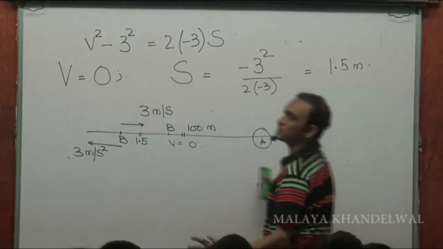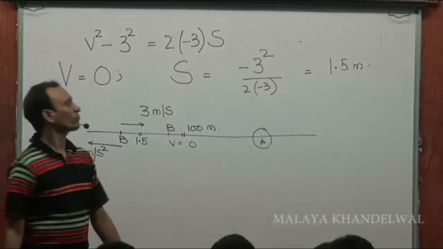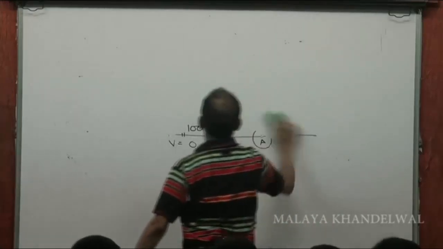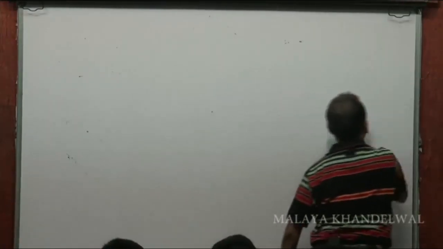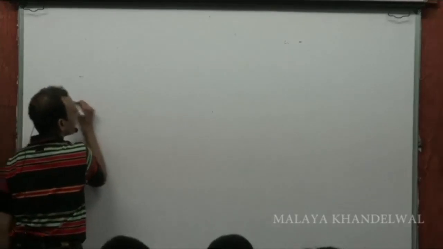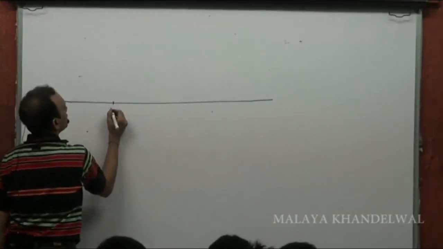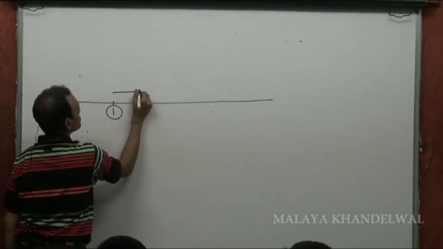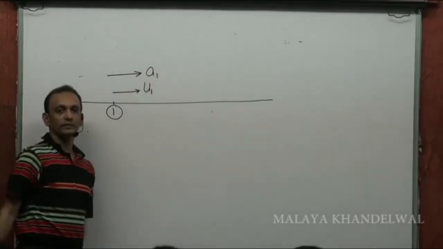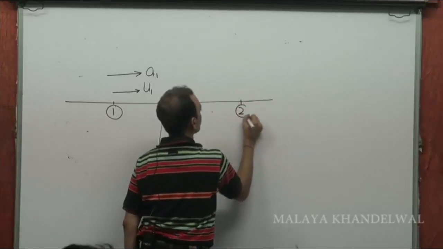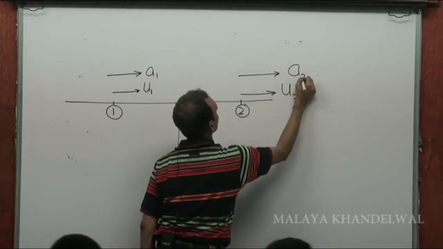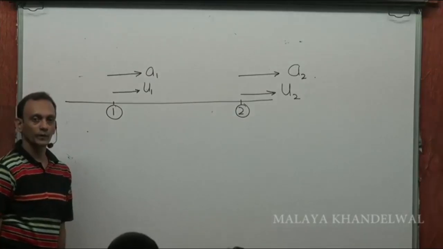In a more general sense, say there is a particle 1 that has a velocity u1 at time t equal to 0 and an acceleration a1 to the right, and there is a particle 2 that has a velocity u2 and an acceleration a2 to the right.